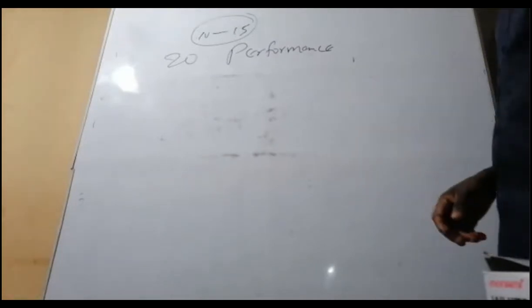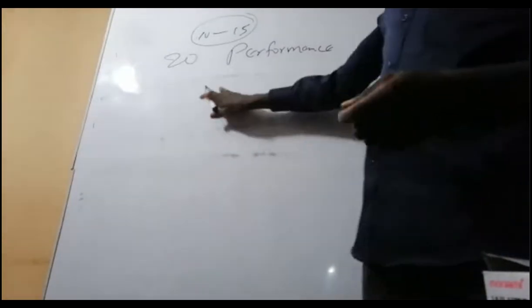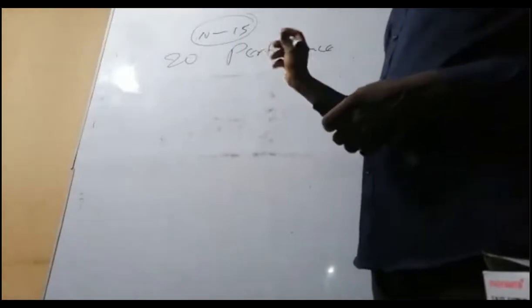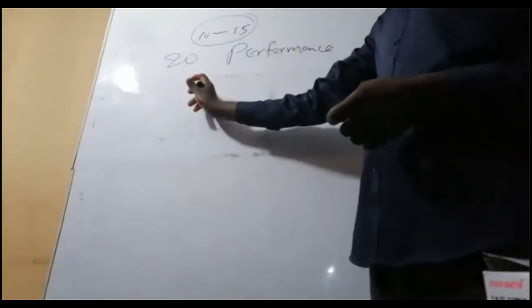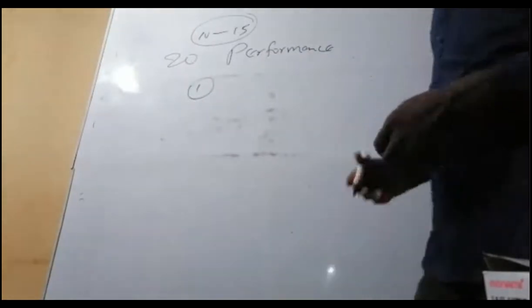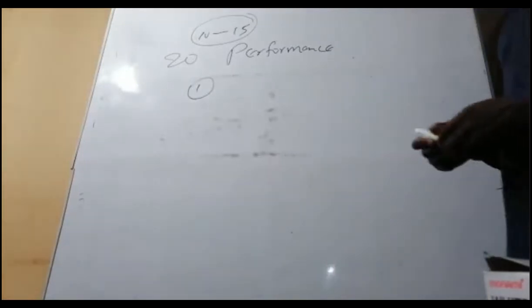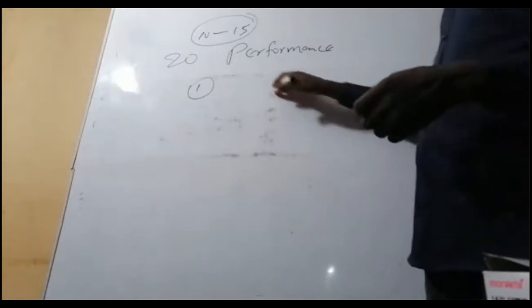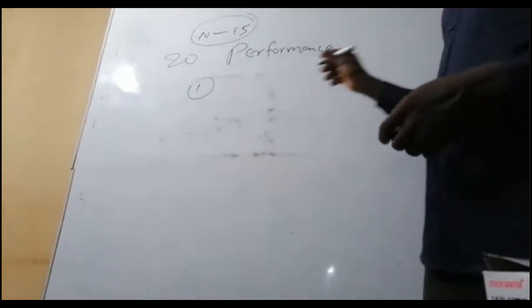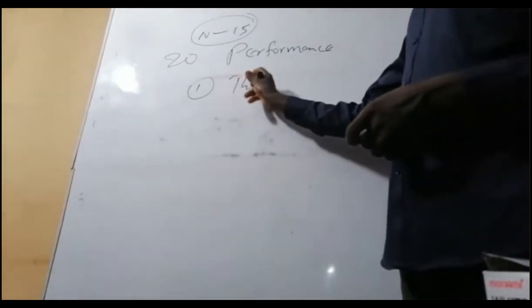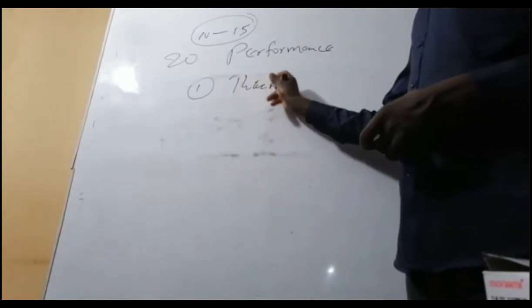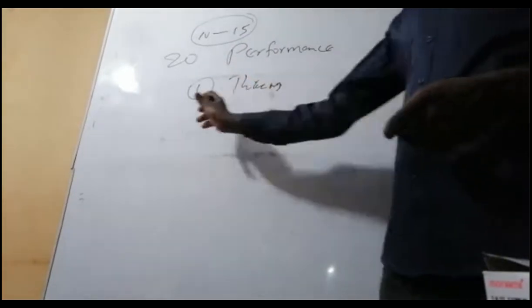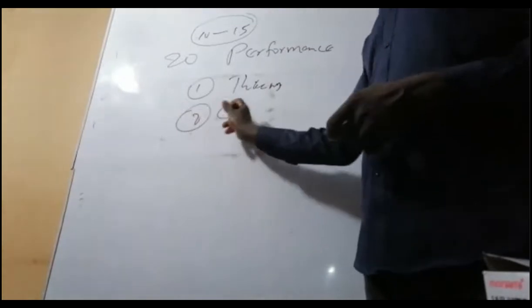Now, what are the topics? What are the sub-topics? The theory aspect is the measurement indicators and the setting of performance measurement standards. Let me put it here that all of these are theory, section 2, and then the calculation.